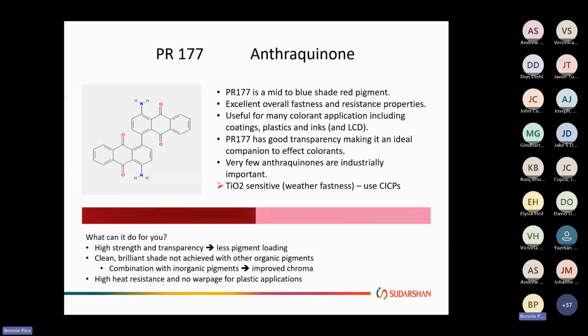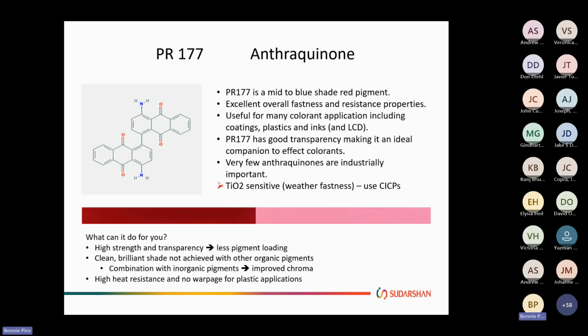Red 177 has good transparency, making it very nice to combine with effect colorants to give that great deep coloration to your formulations. There are not a whole lot of anthraquinones that are important from an industrial perspective. The 177 is one of those important ones.